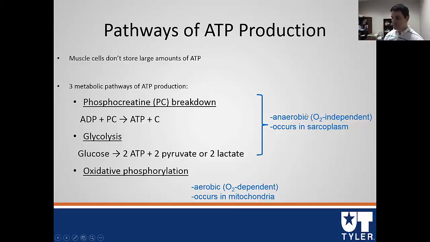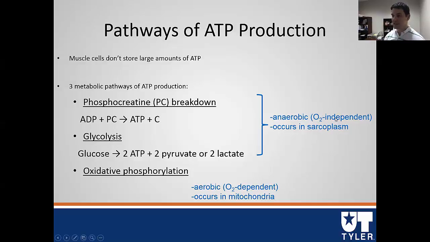So if we focus here on the phosphocreatine system and glycolysis, we call these two systems anaerobic. When we say anaerobic, what we really mean is they do not require oxygen in order to make ATP. Because of this, they occur in the sarcoplasm of the cell.